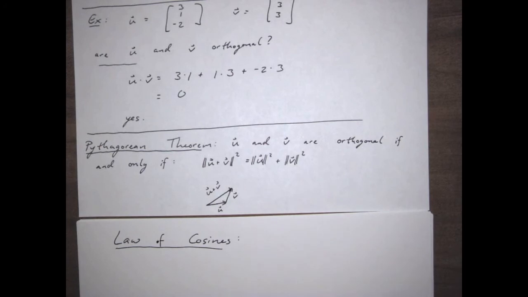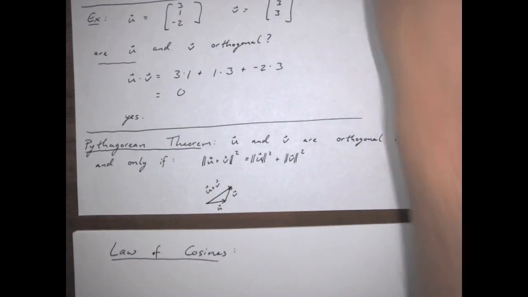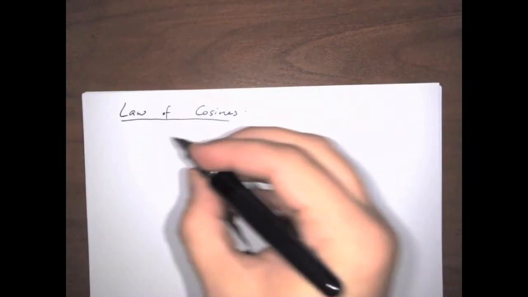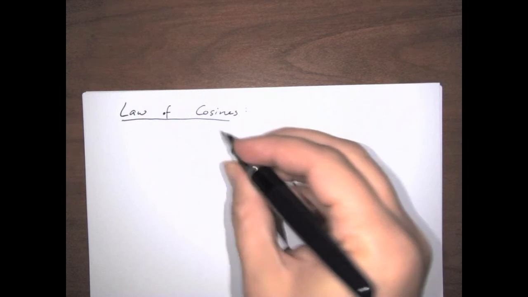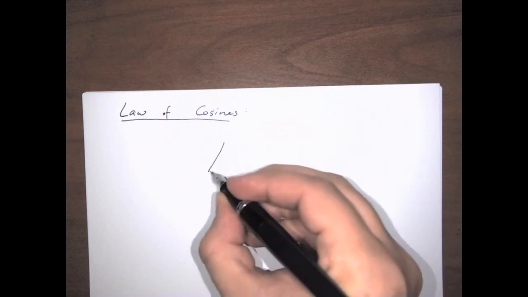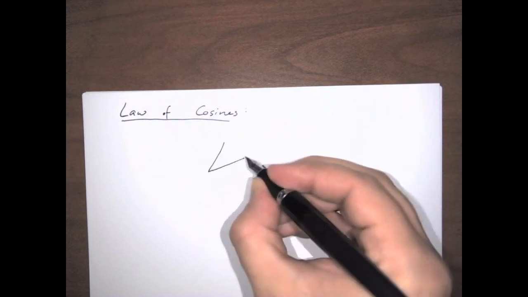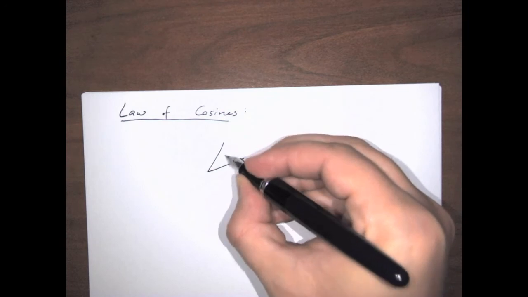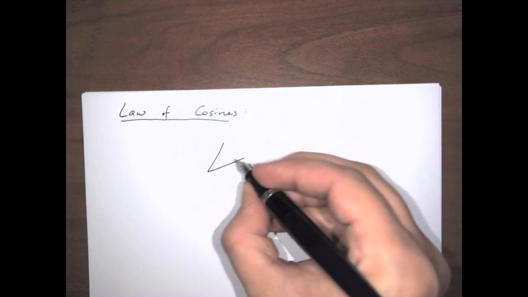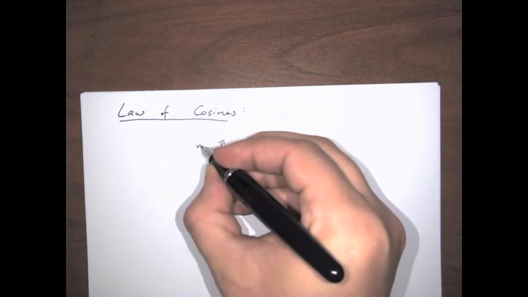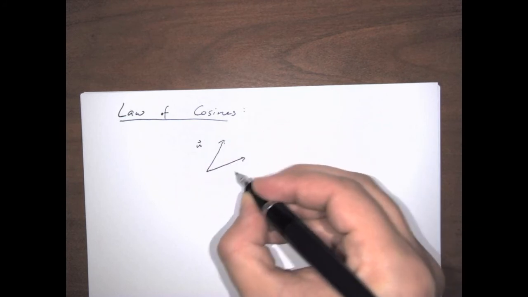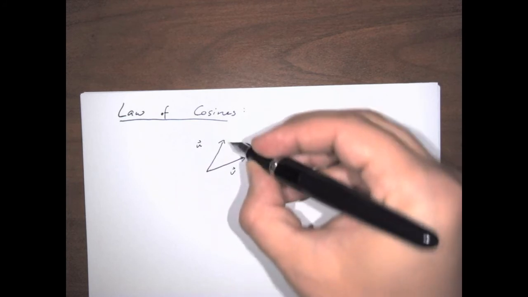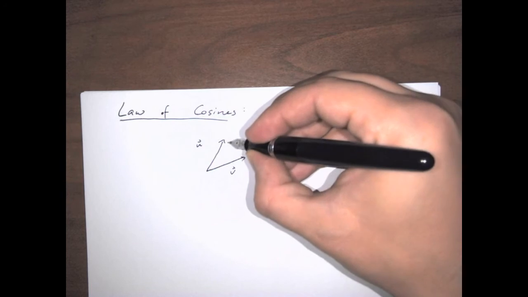So the law of cosines, in the case of vectors, actually has a little bit of an interesting flair to it. Let's take the situation and rearrange it ever so slightly. Let's say we have a u that goes like this, a v that goes like this, and then we want to make a triangle out of it.